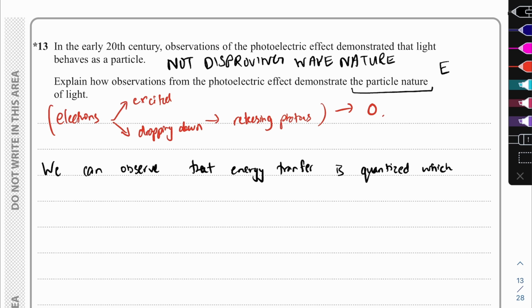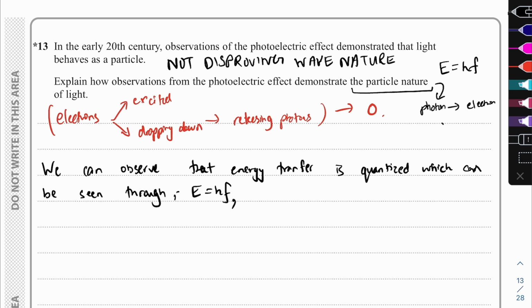We have E equals hf. So we can mention this, which can be seen through E equals hf. Now, because it's a particle nature, we need to talk about each individual photon interacting with an electron individually, right? Individually.